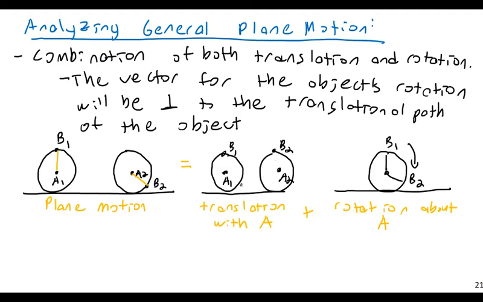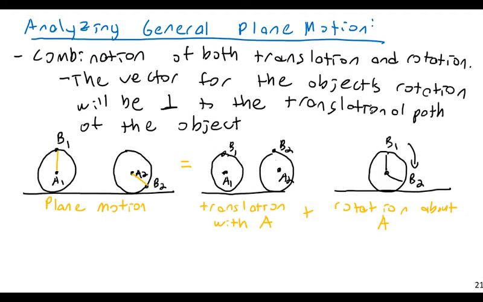Okay, so again, we're combining translation and rotation. I want you to make sense of this sentence here. When I talk about the vector for rotation, I am talking about the vector of its axis of rotation.